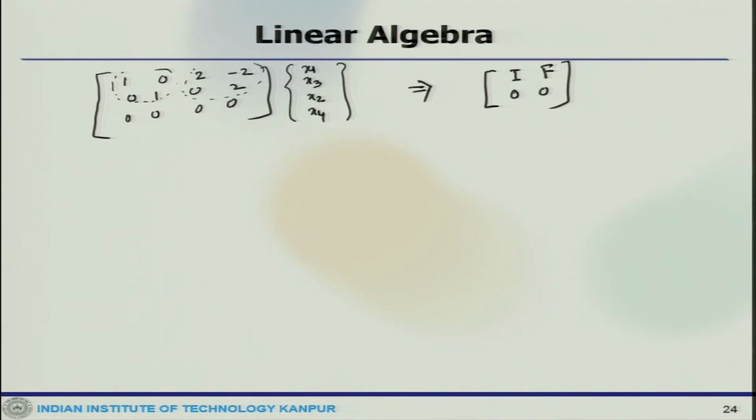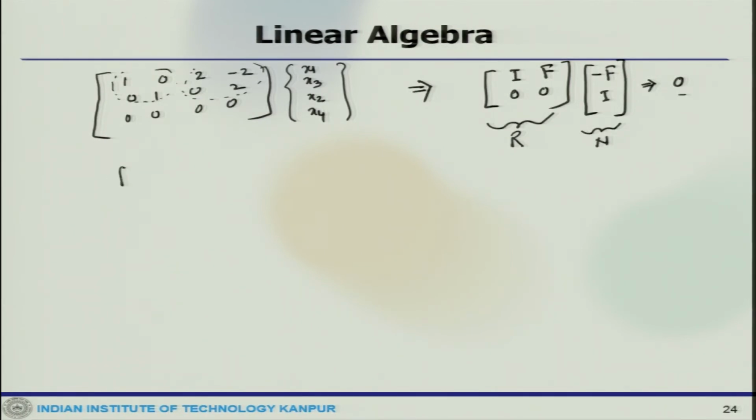If we multiply that with minus F and I, then this would give us always 0, and this particular form is called R, which is the row reduced echelon form, and this is my null space vector, which will give me the 0 solution.